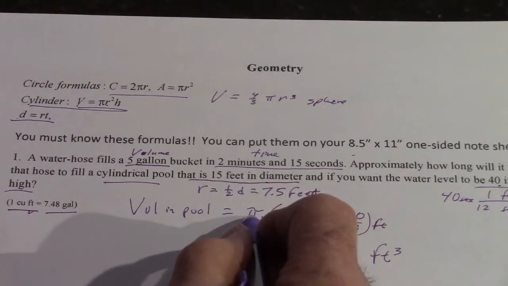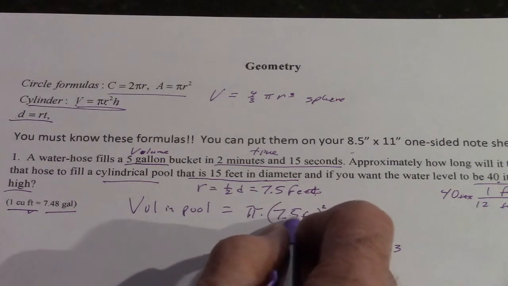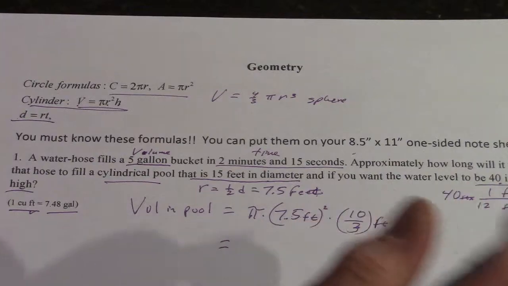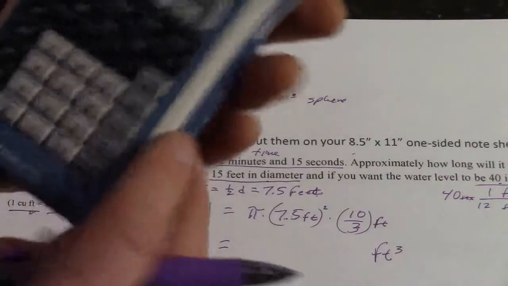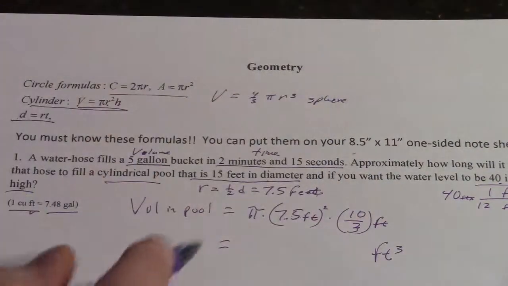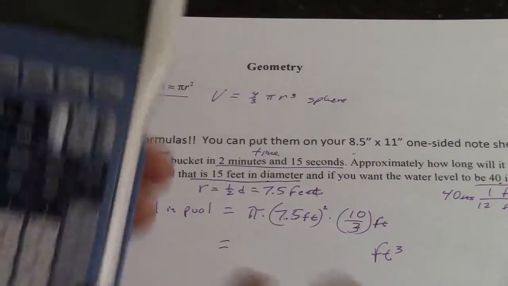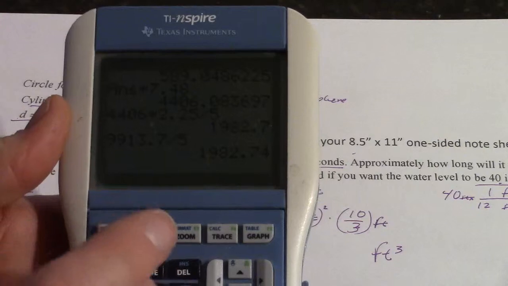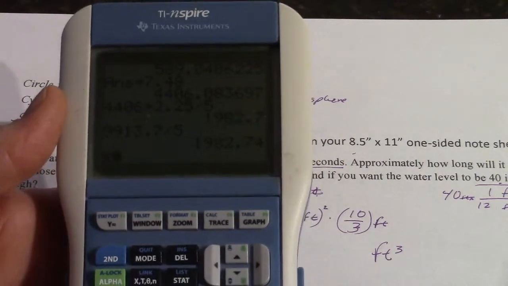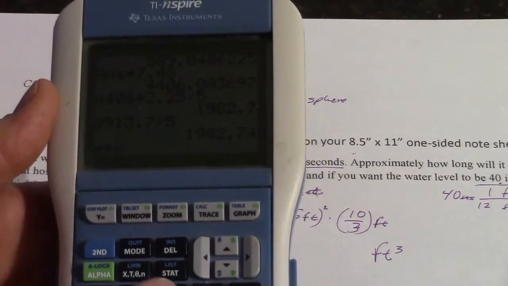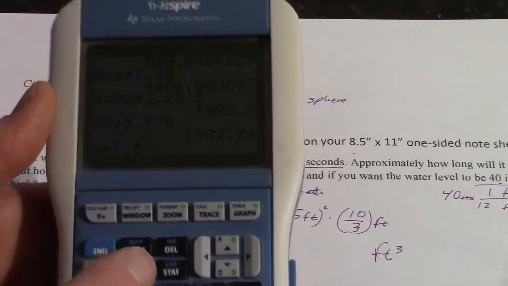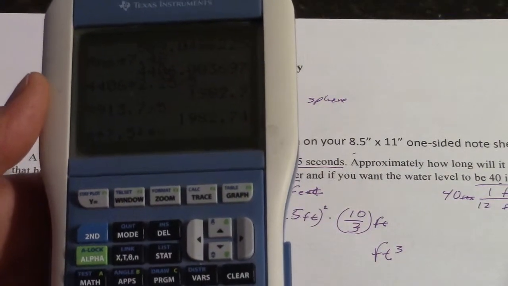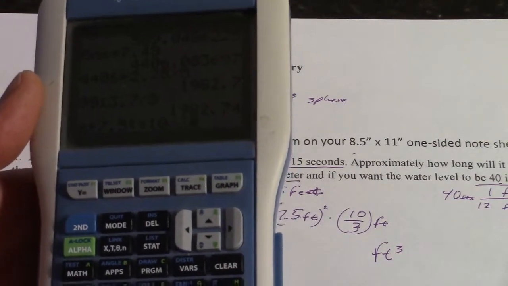So we need to take pi times 7.5 squared times 10/3. We can do that all at once on the calculator. If you want, you can put 3.1416 or something to approximate pi. Again, I'm going to use pi that's on my calculator. Pi times 7.5 squared times 10 divided by 3.